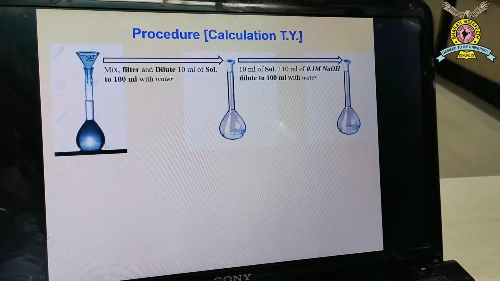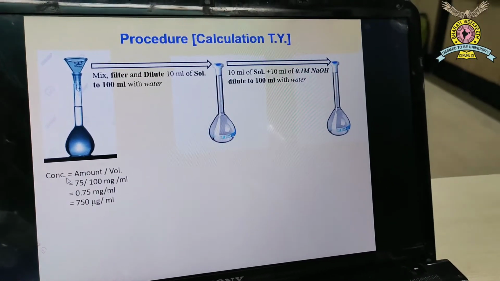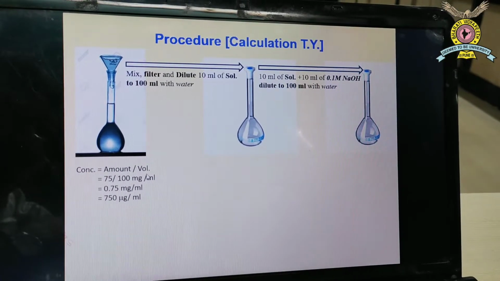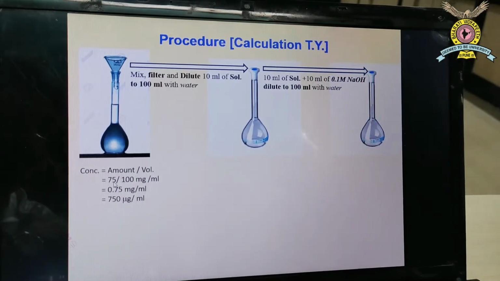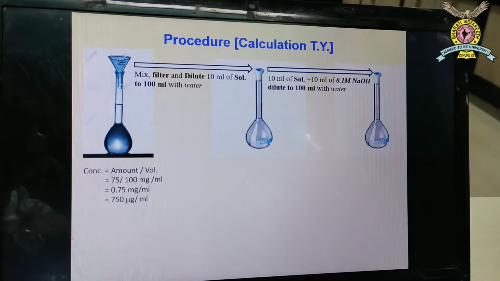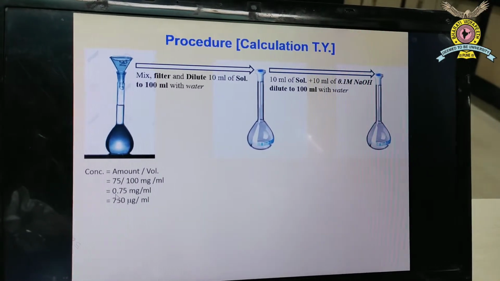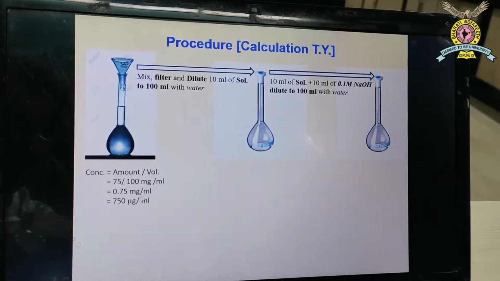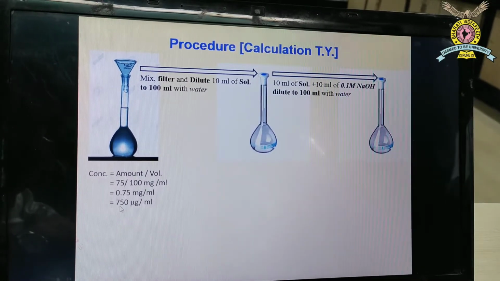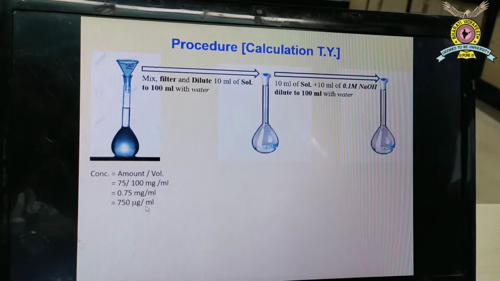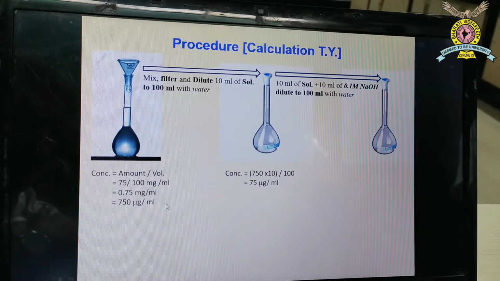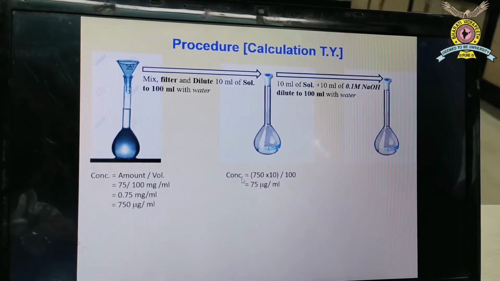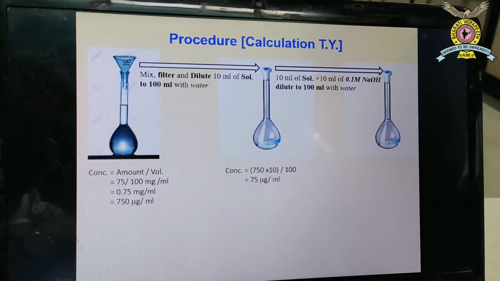So first we calculate the concentration of the first solution. The concentration formula is amount divided by volume. So here amount is 75 mg and volume is 100 ml. So concentration is 0.75 mg per ml. And when we convert into microgram, it will be 750 microgram per ml. Similarly, in the second solution, again concentration equals amount upon volume.